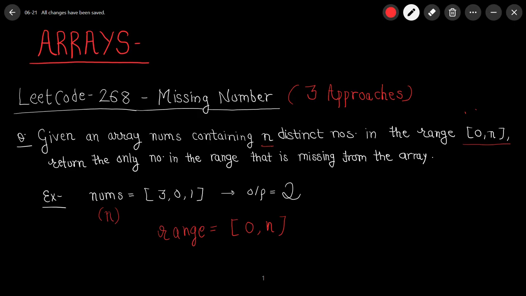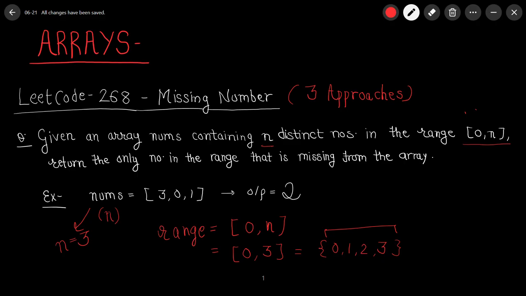So in our sample input, n is 3, array size is 3, right? So our range is 0 to 3, which is 0, 1, 2, and 3. In this range, we need to find out which number is not present in our given array, right?